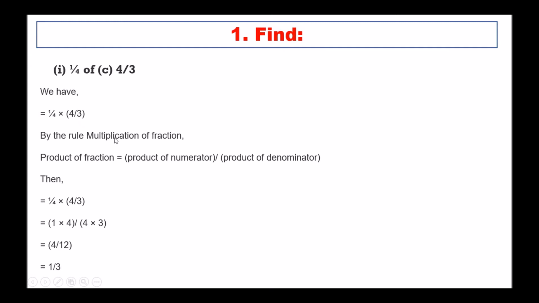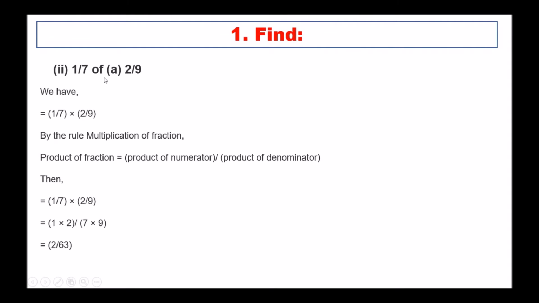By the rule of multiplication of fraction, we will do the same. So we will first multiply the numerators, that is 1 and 4. So 1 into 4 is 4 and 4 into 3 is 12. So we can reduce this to the lowest form. So 4 upon 12 we can reduce to 1 upon 3.